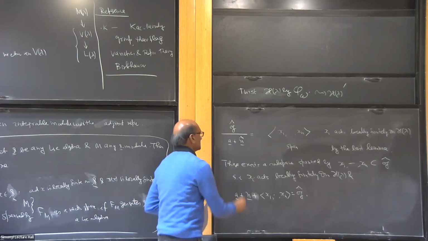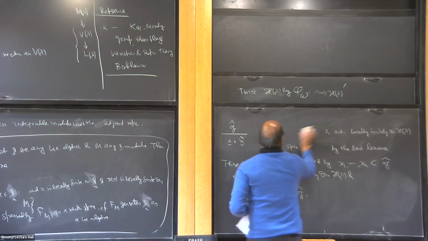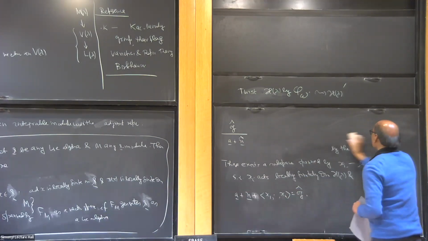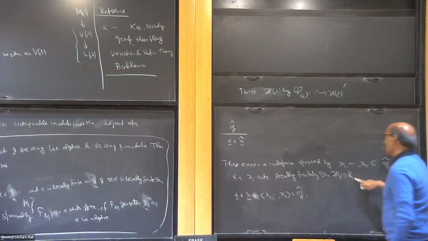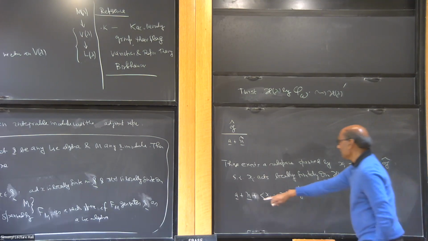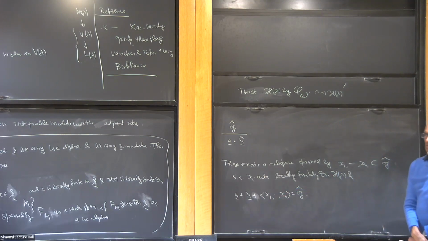So there is a subspace defined by x1 through xn in G hat, such that xi acts locally finitely on h lambda, and this adds up to the whole G hat.